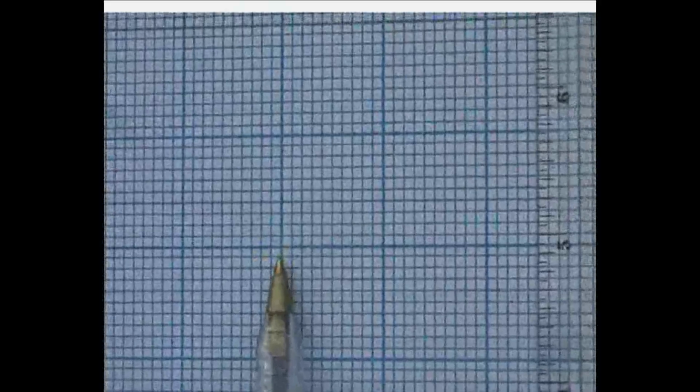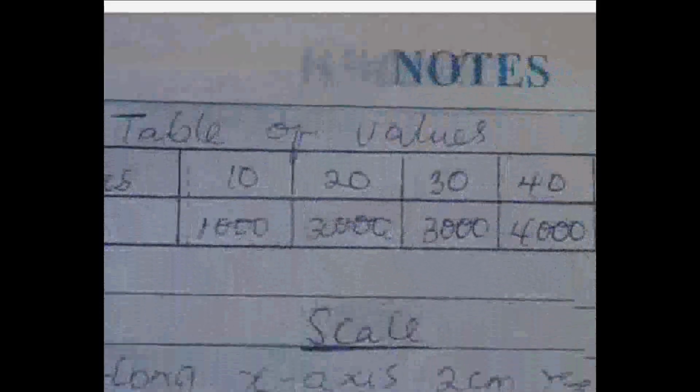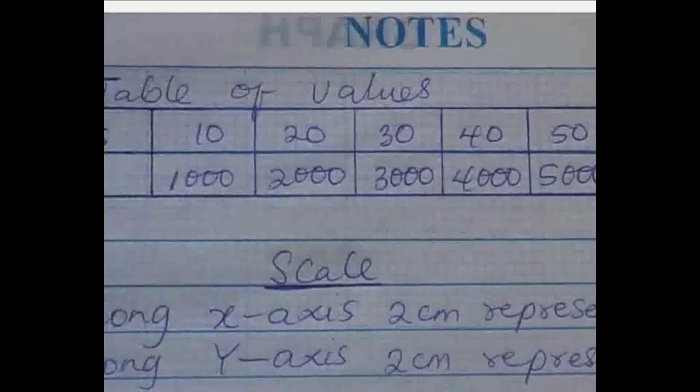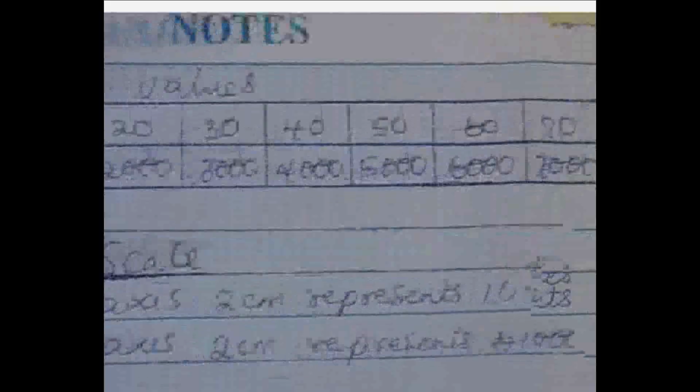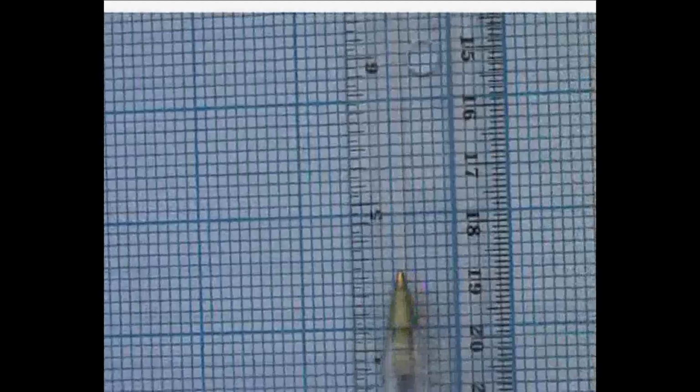Because if I draw it here, I will have enough space to put my 10 liters, which the table of values has, and there are 7 pieces. So if I draw a vertical line here, I will have 10, 20, 30, 40, 50, 60, 70. So it can contain my 70.